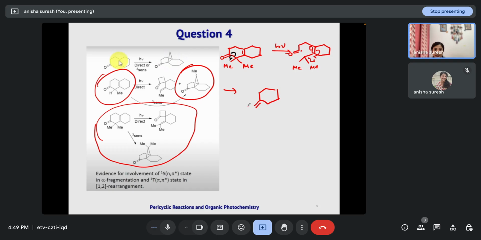Double bond, Me, Me, and here a new radical is getting generated. Now CH2, CH2, double bond O. So these two radicals can recombine, leading to formation of a cyclobutanone ring.